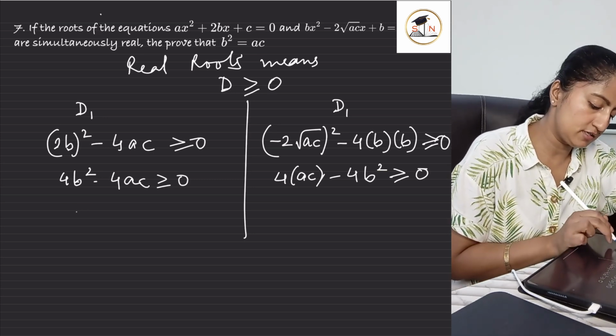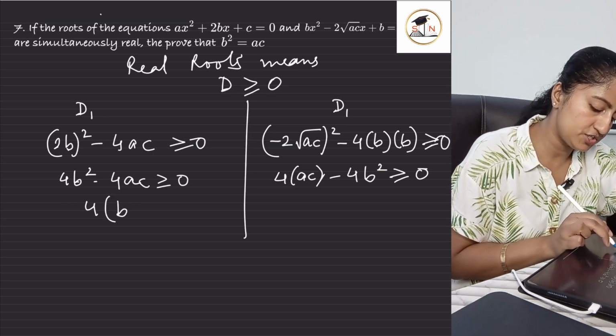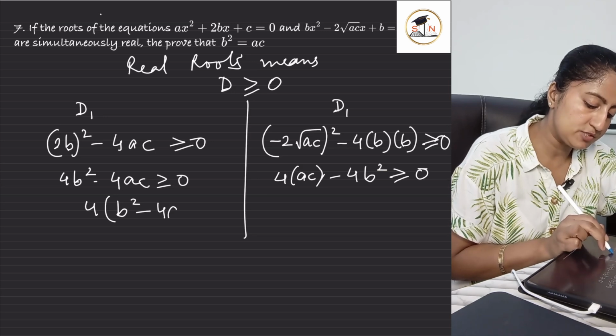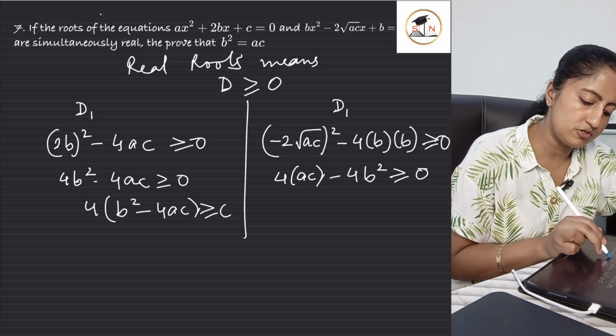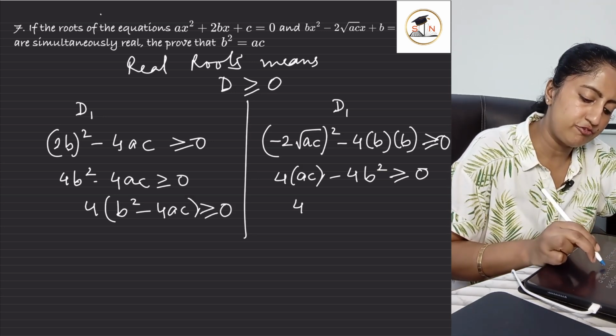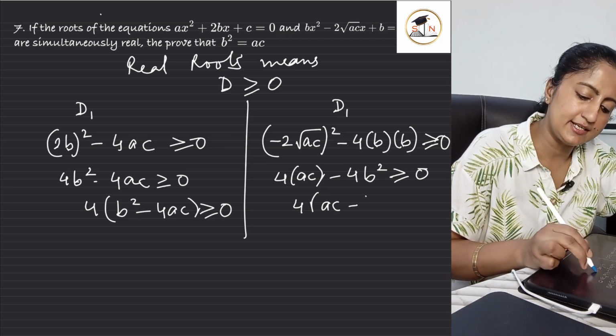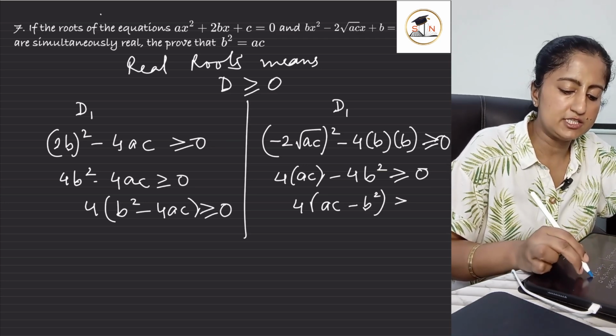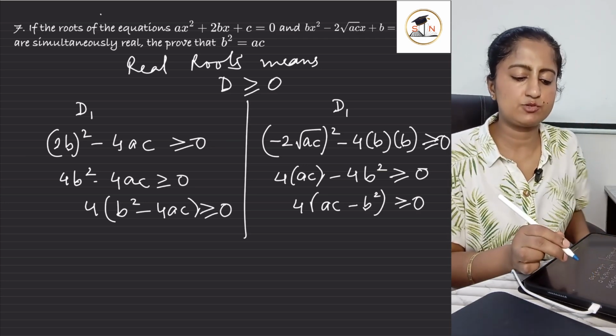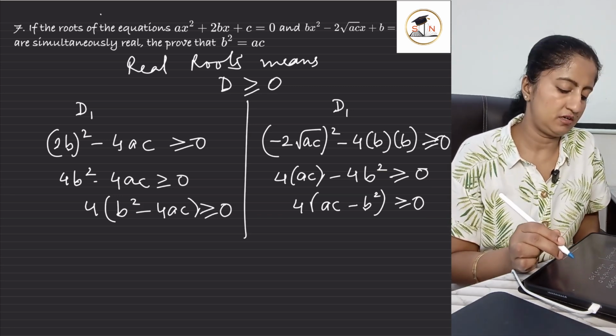So 4 is a common factor in the first expression, leaving us with b square minus ac greater than or equal to 0. And similarly, 4 is a common factor in the second expression also, leaving us with ac minus b square greater than or equal to 0, right?